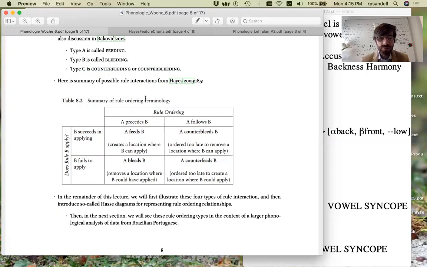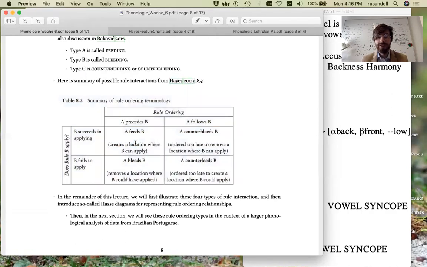Here we have the 2 possible orders, where our 2 options are either for rule A to precede rule B or to follow rule B. And we can look at the further question of whether rule B succeeds in applying or fails to apply. When rule A precedes B and B succeeds in applying, then we would say that A feeds B.